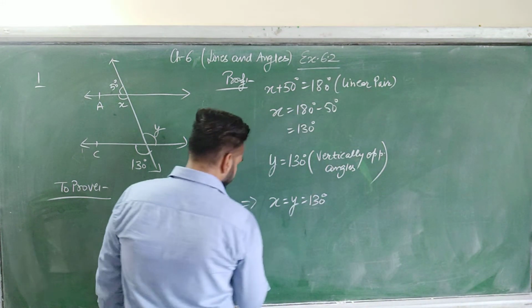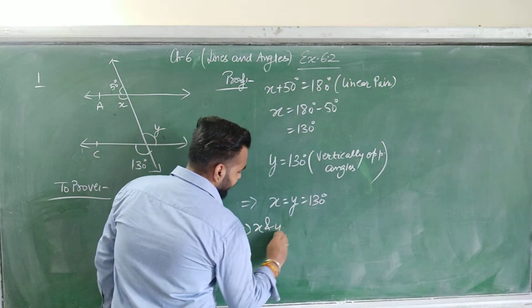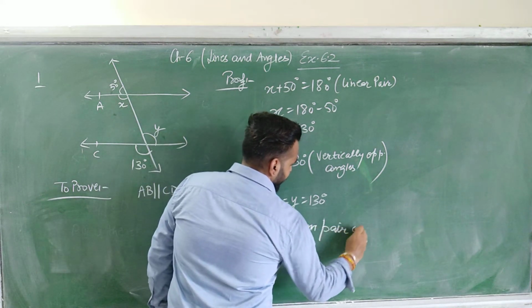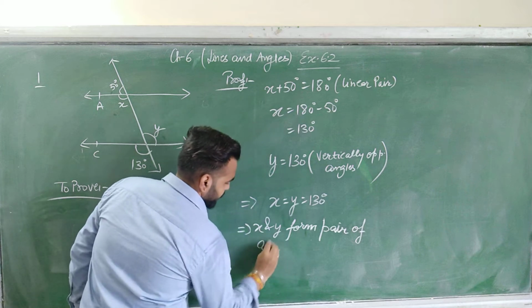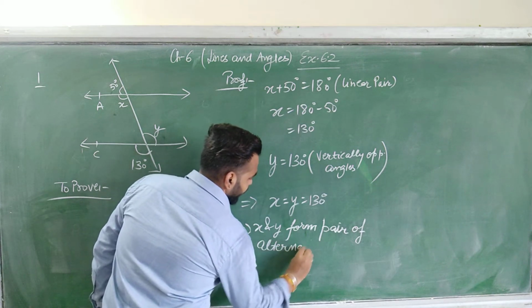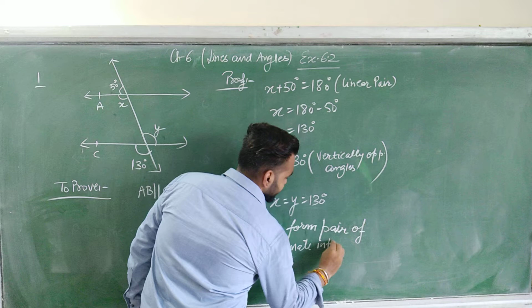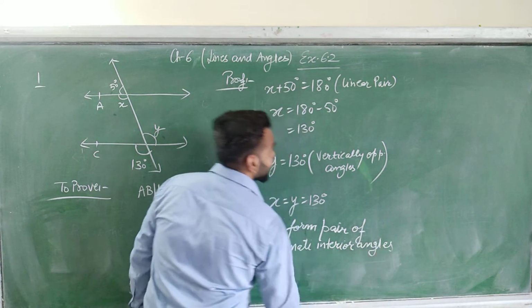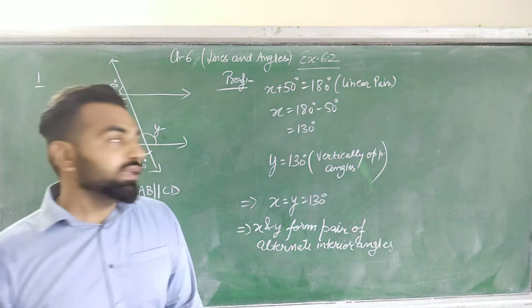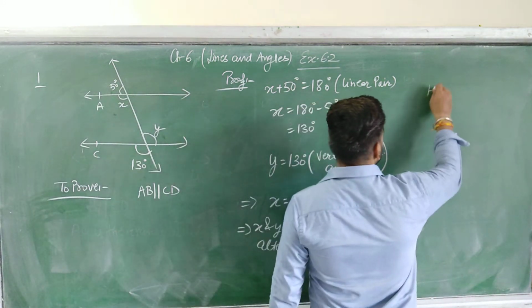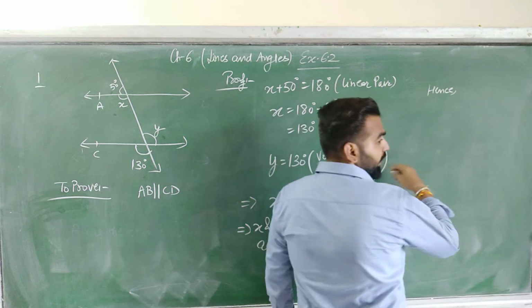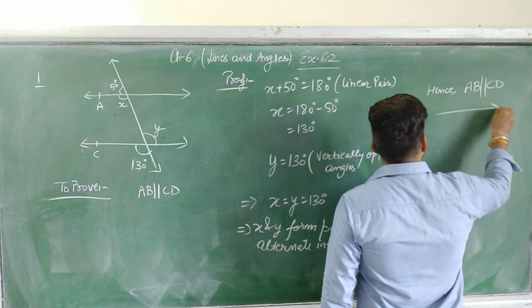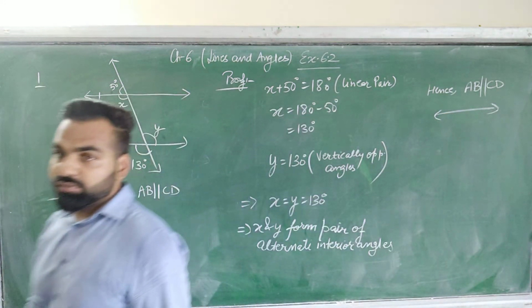So here x and y form a pair of alternate interior angles, and since these angles are equal, the lines will be parallel. So hence the two lines AB and CD, AB is parallel to CD. So this was question number 1.